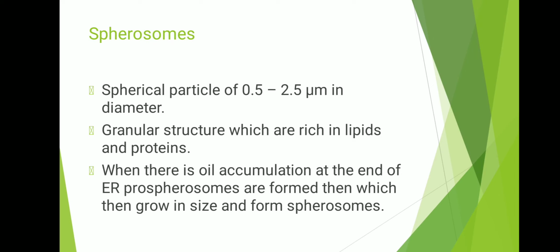When they pinch off from the endoplasmic reticulum along with oil accumulation, they are called prospherosomes. These prospherosomes then grow in size and form the spherosomes. It has been observed that spherosomes are involved in lipid synthesis and the storage process.